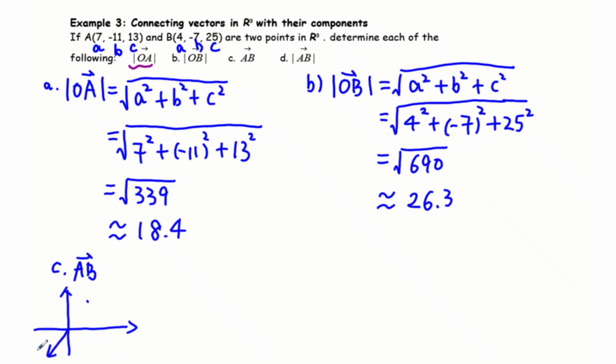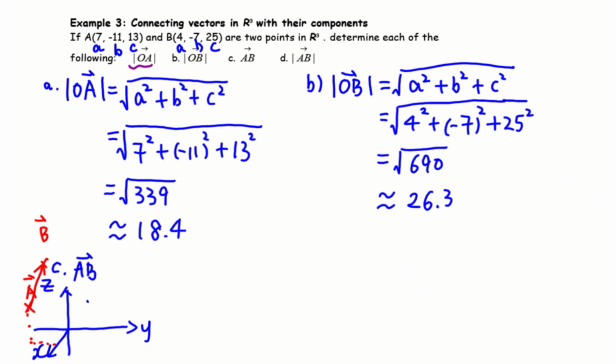This is X, Y, Z, and 7 in this direction, left and up. So this is your A. And B is 4, -7, and up 25. So this is B. And from A to B is this direction.